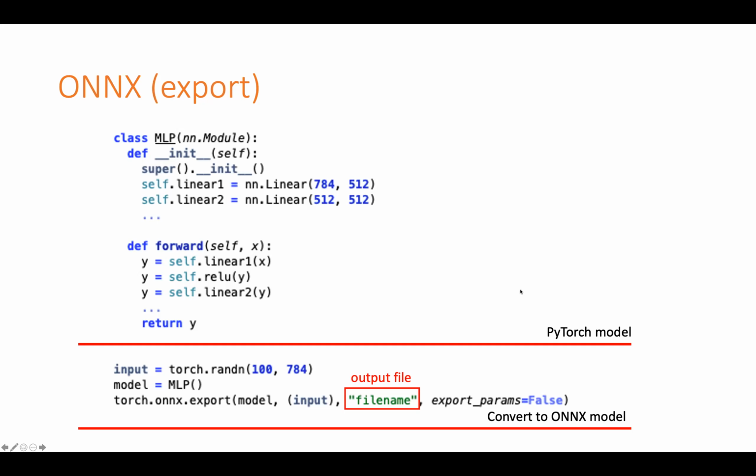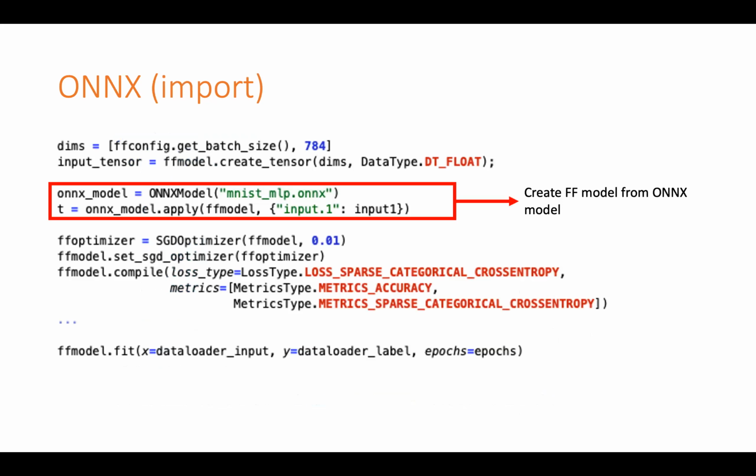You can find more information in the PyTorch documentation. To import an ONNX model, there's the FlexFlow ONNX package with the ONNX model class. You import your model using the same file name you used to export from PyTorch, and then you can apply your model by calling the apply method on the ONNX model.